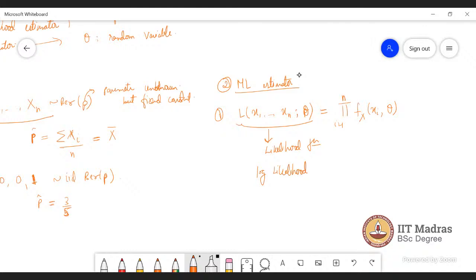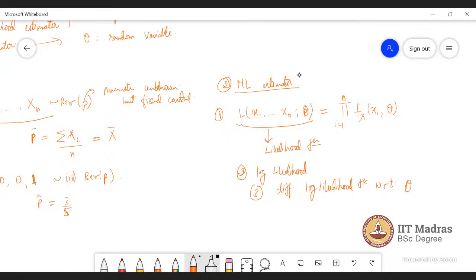Once you find the log likelihood, you try to maximize it. In order to do that, you differentiate the log likelihood function with respect to the parameter.